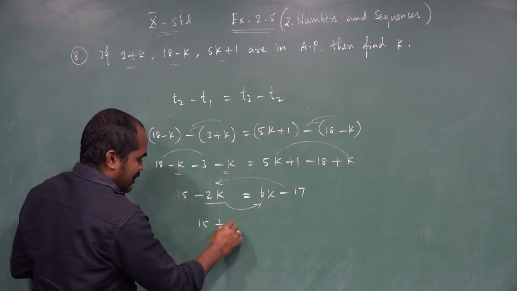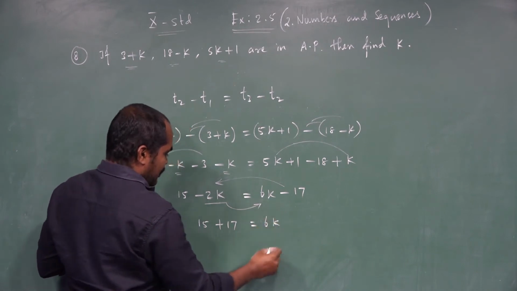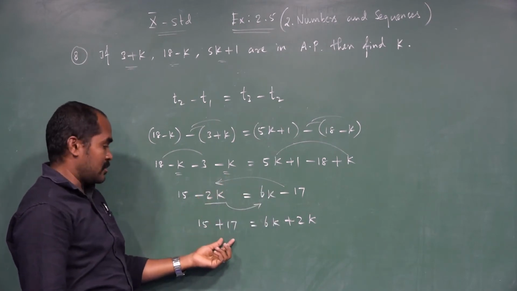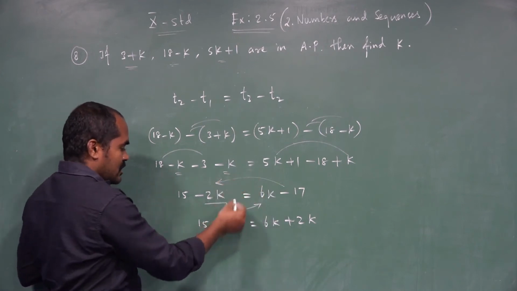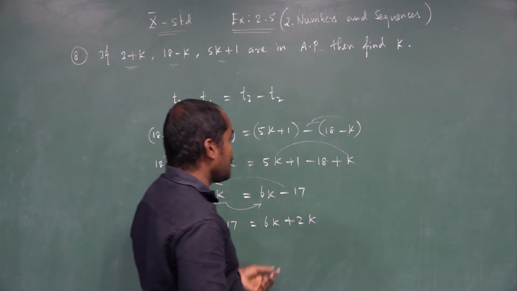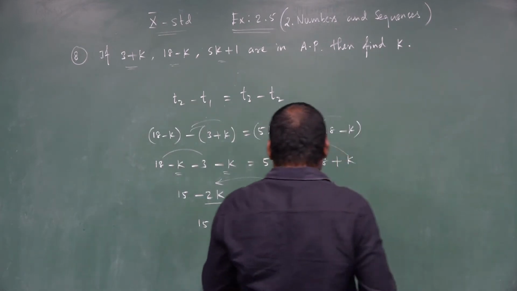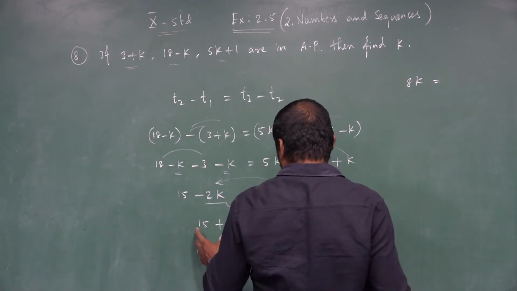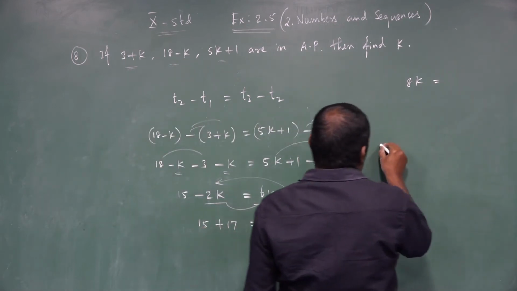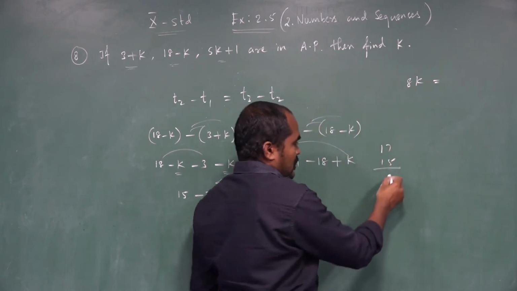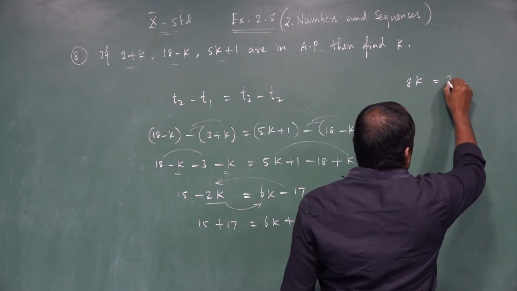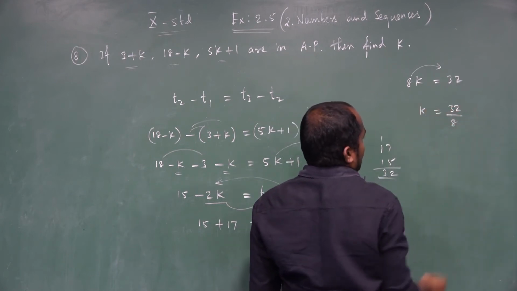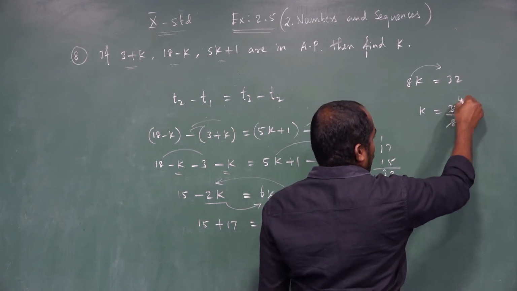So 15 plus 17 equal to 6k plus 2k. 6k plus 2k is 8k, equal to 17 plus 15, which is 32. Sending 8 to the right side, k is equal to 32 by 8. 4 eights are 32.